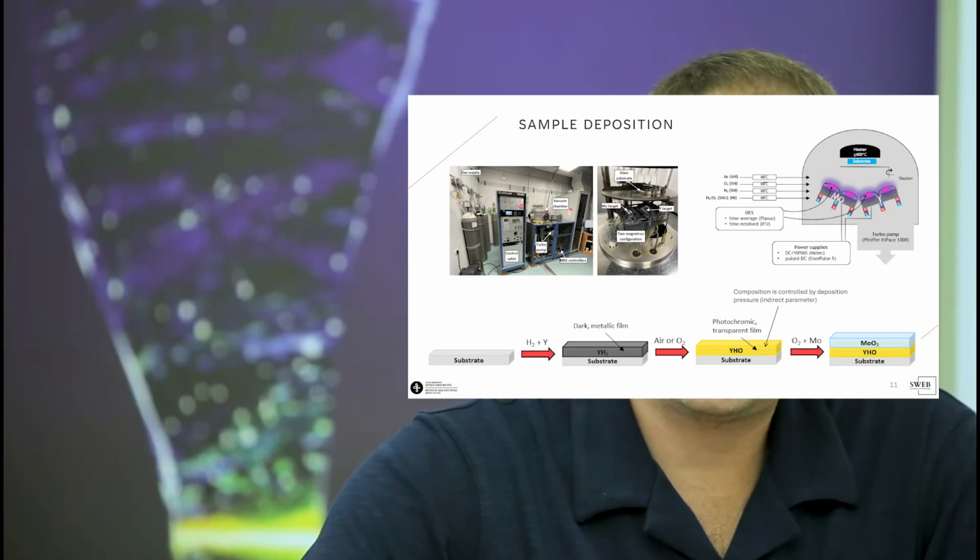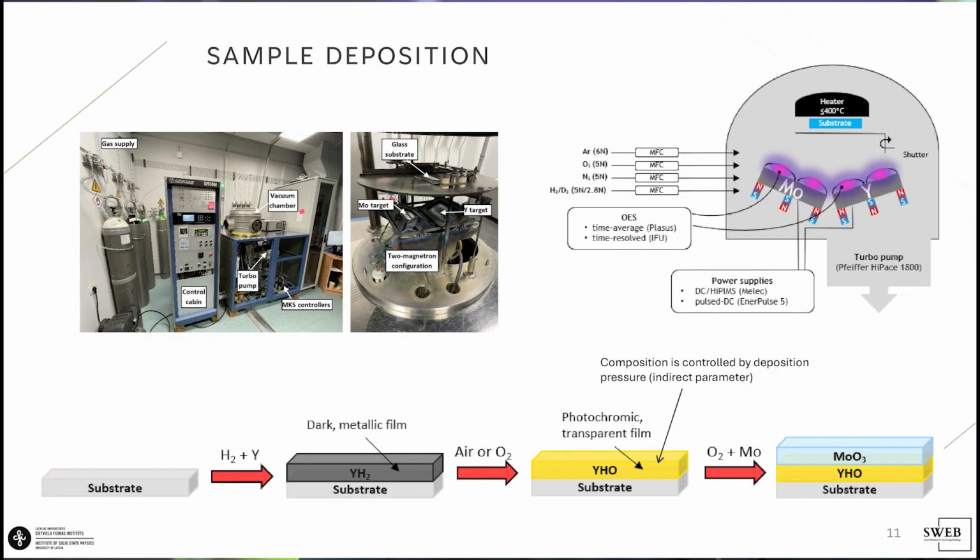So yttrium oxyhydride itself should be produced in 2 steps. First yttrium dihydride, and then we oxidize it, either just exposing the samples to air or introducing pure oxygen into the chamber. And then we can change the density of yttrium dihydride.